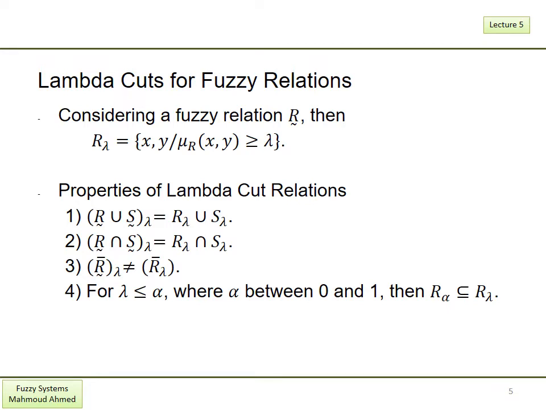The same properties can also be applied in the case of lambda cut relations. One: the fuzzy set R union fuzzy set S of lambda is equal to fuzzy set R of lambda union fuzzy set S of lambda.